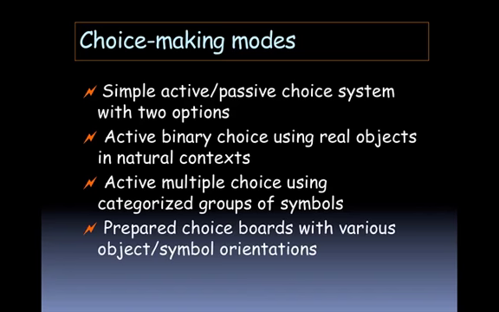And then the next one are prepared choice boards. So we would make a choice board ahead of time, and then we're going to put them in various orientations. So being able to use a choice board and being able to vary the way that those symbols are presented. Sometimes they may be presented in options of 2. Sometimes there may be 9. Sometimes they may be in a circle, sometimes in a straight line, sometimes in a square.